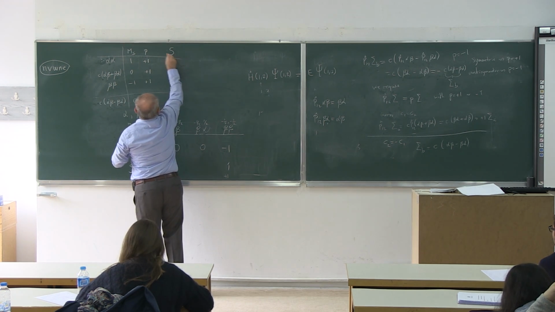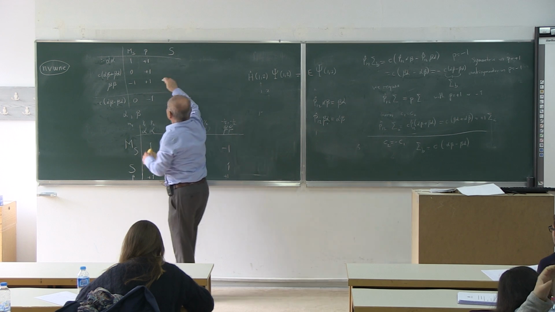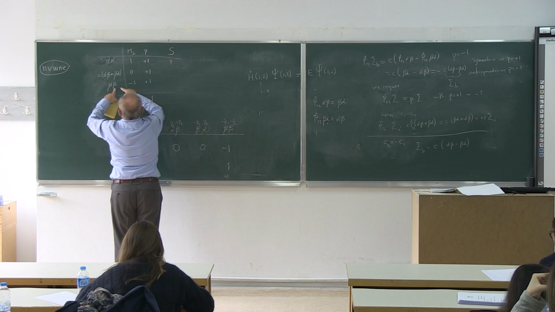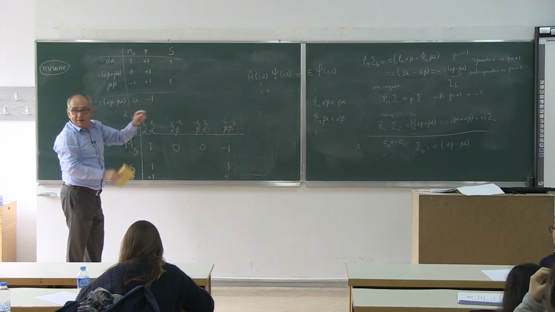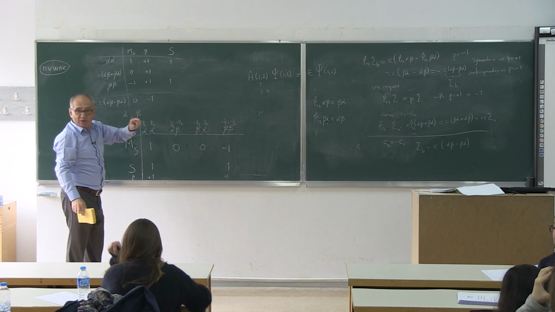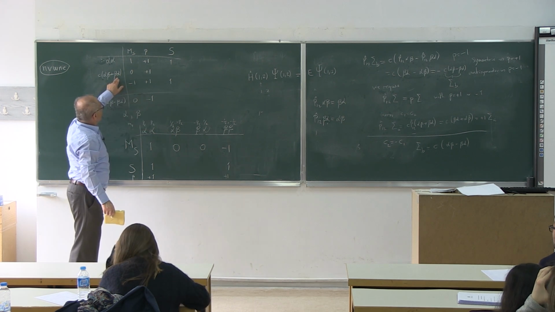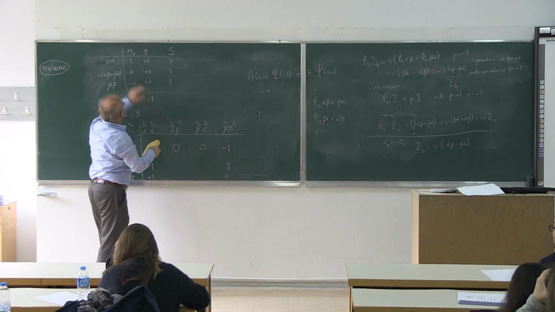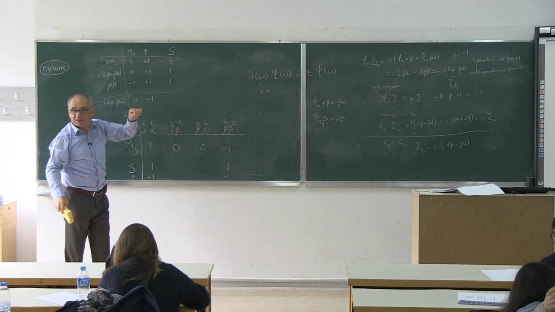Now, S quantum number. We know that for the first factor S is 1. For this factor S is 1. It is the MS equals -1 of S equals 1. This factor should also belong to S equals 1. This is alpha beta plus beta times alpha.